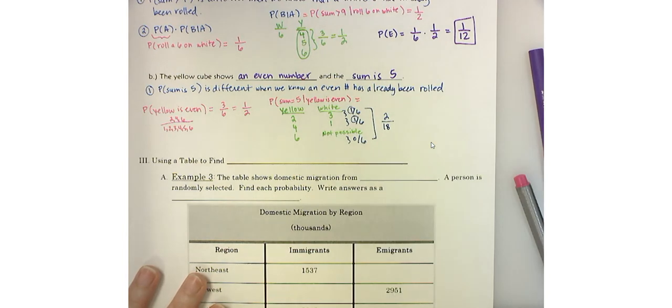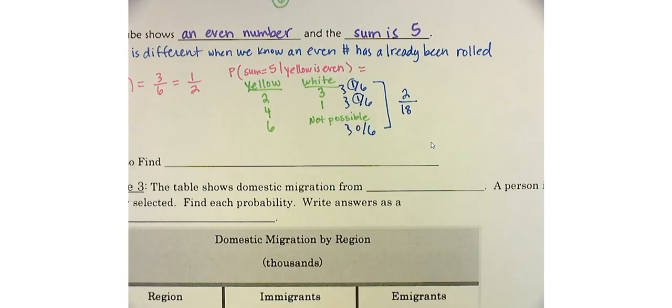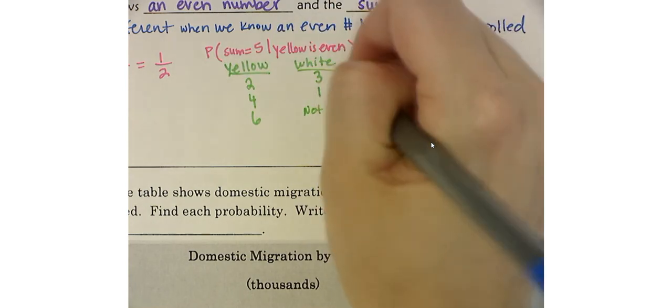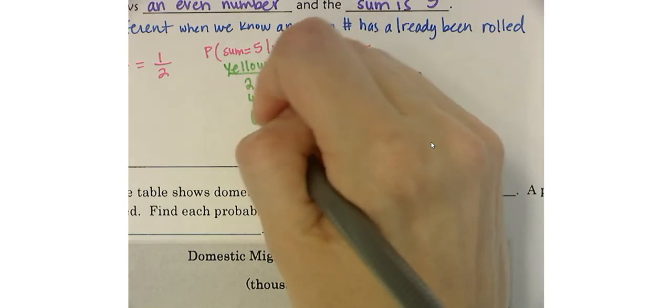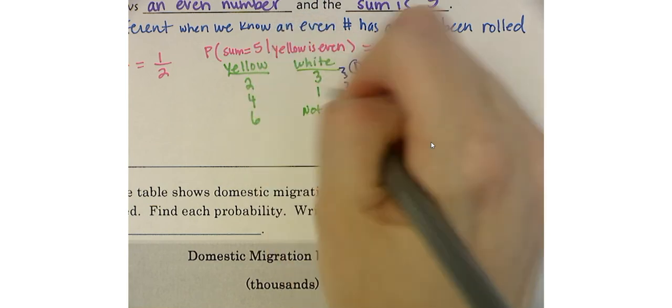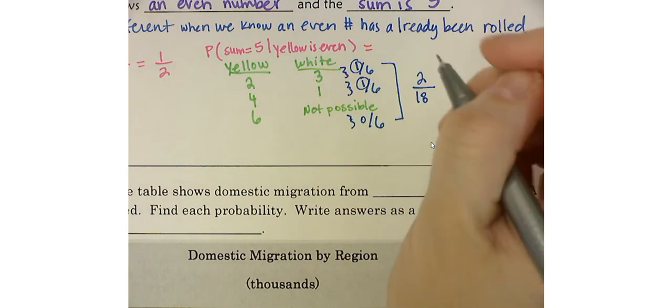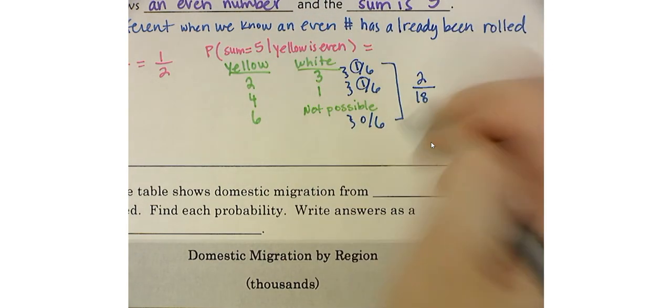So the 18 comes from adding up your total, 6 plus 6 plus 6. And then for this one, you would have one possibility for the 3, one possibility for the 1. There's none here. And then that reduced to 1 over 9. So your probability for the sum equals 5, given that yellow is even, is going to be 1 out of 9.